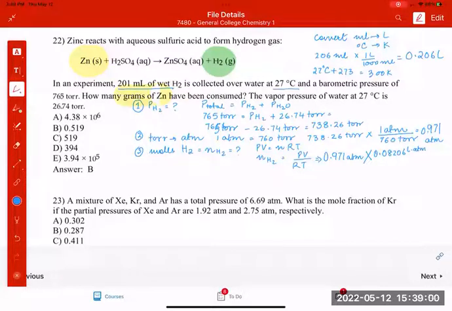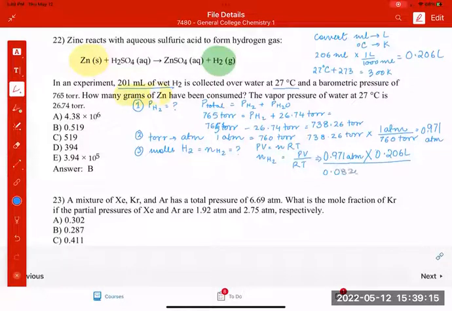Oh no, sorry, it's the other way around. Multiply 0.971 by the volume, 0.206 liters, over R, which is 0.08206 liter atmosphere per mole K, times the temperature, 300 K. So calculate this. 0.971 times 0.206 is 0.200, and 0.08206 times 300 is 24.61.